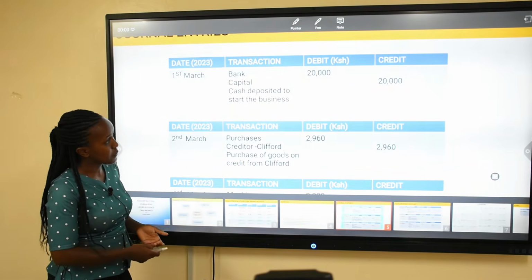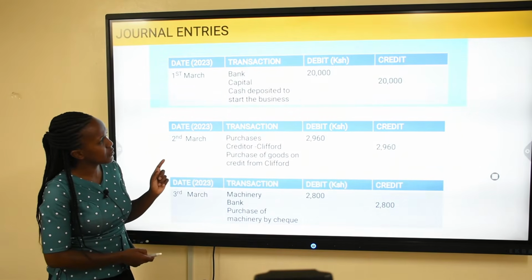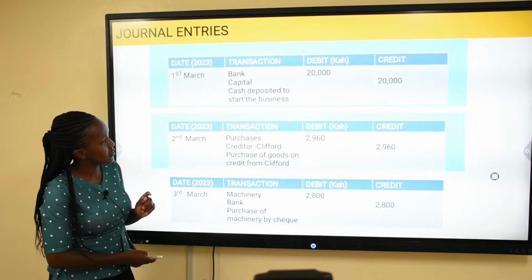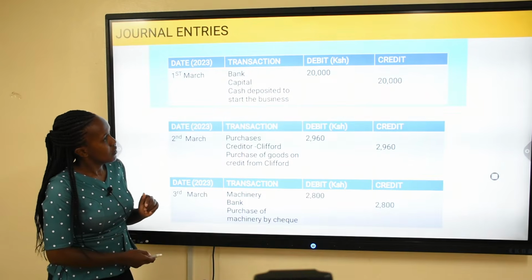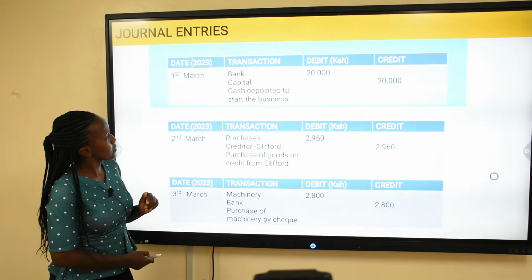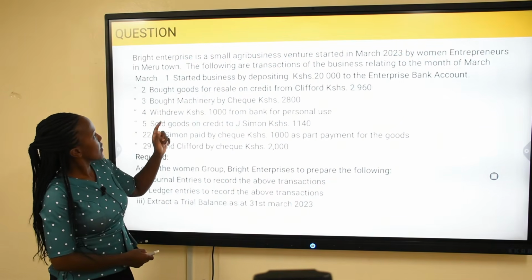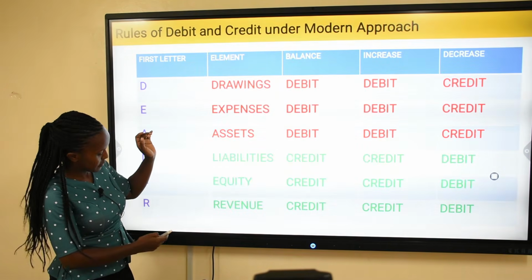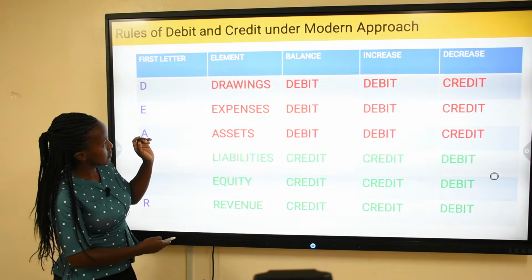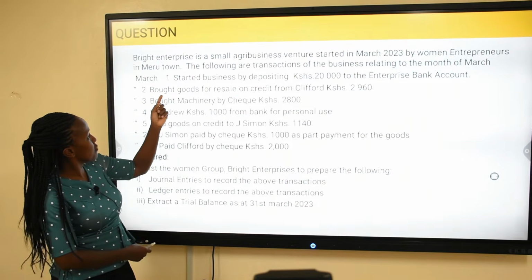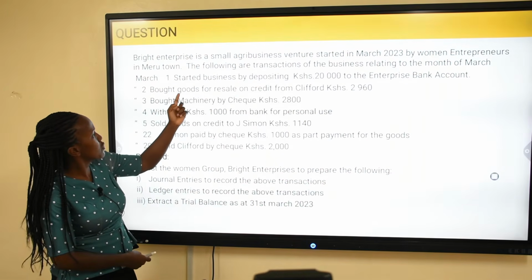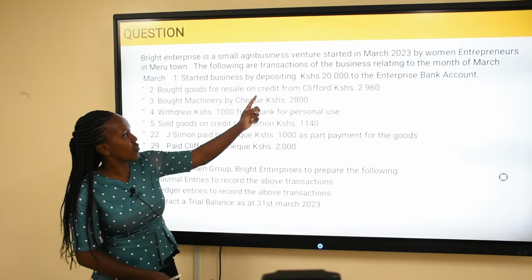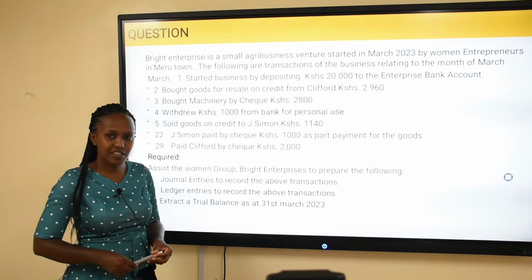So going back, we can look at the second transaction. On the 2nd of March, he bought goods for resale on credit from Clifford.